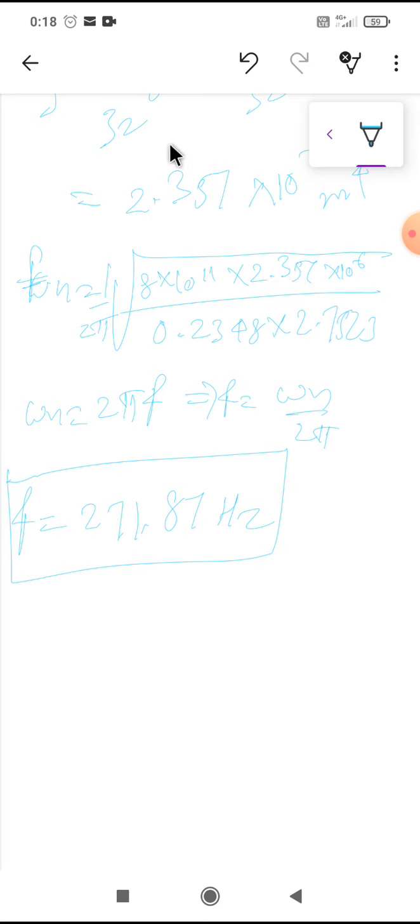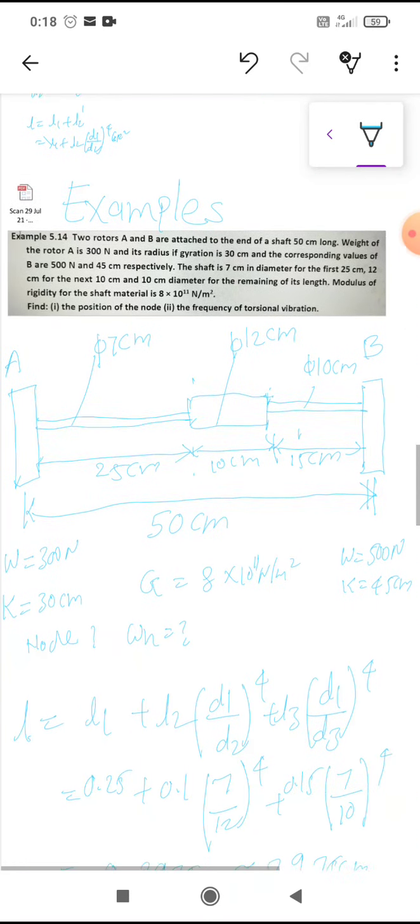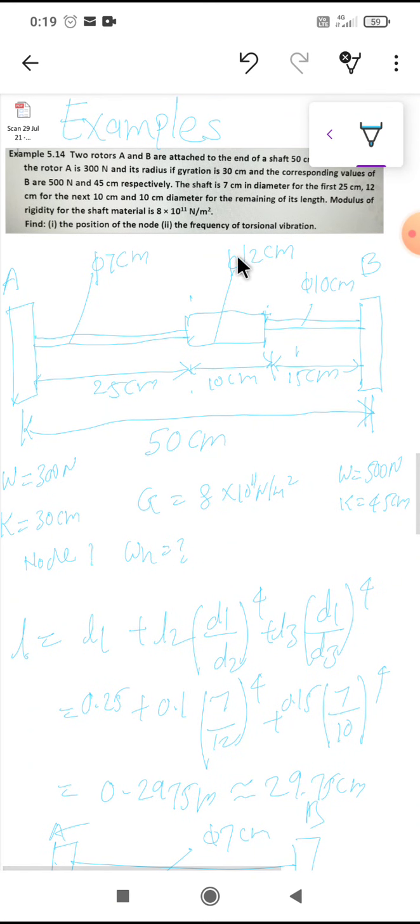So I will just repeat the process. What we have done here: the question was that two rotors having different diameters, and we have to find the position of the node and the frequency of torsional vibration.